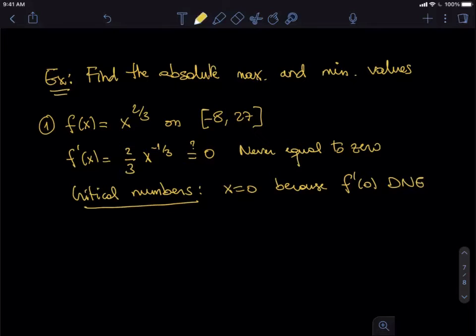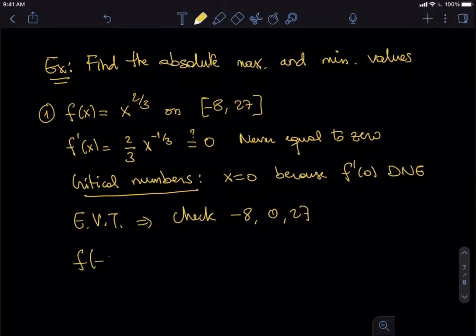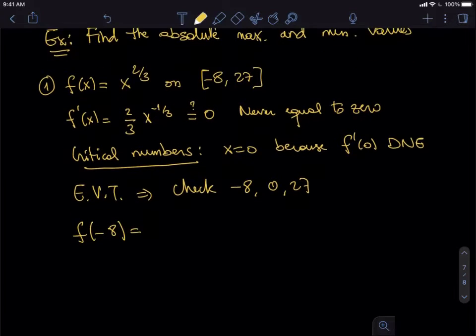Now, the extreme value theorem says that we need to check x equals 0, -8, and 27, the critical numbers and the endpoints. So f of -8, that is -8 to the 2/3, right? Remember, when we write 2/3, actually this is like a cubic root and then a square.